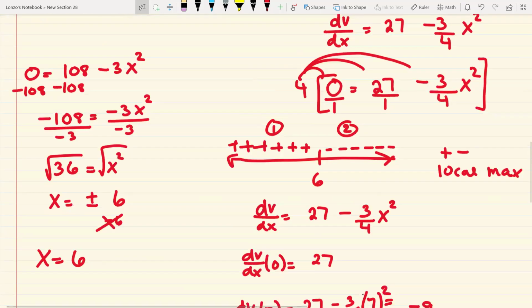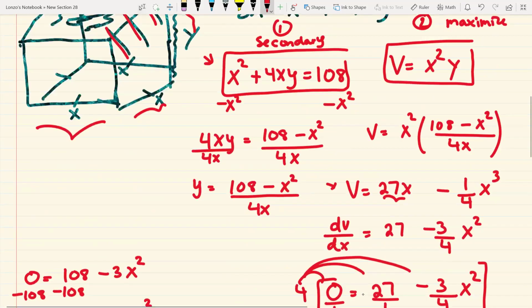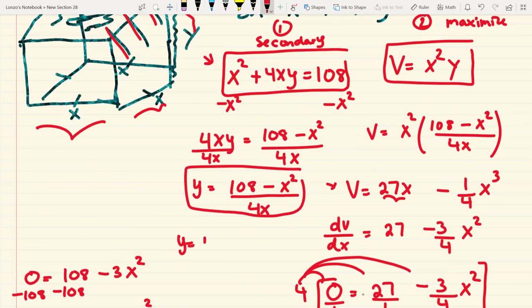Now, how do we find y? So if we go back here and plug in our x value, right? The x value is 6.